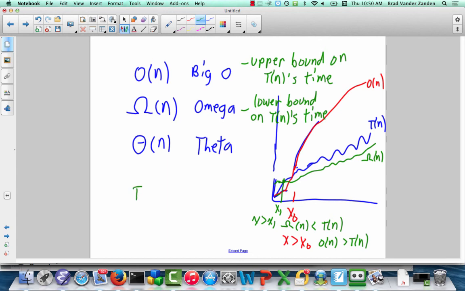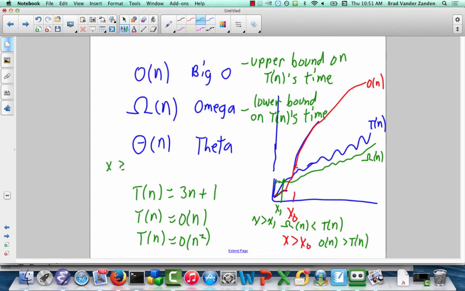If I have T of n equals 3n plus 1, T of n is order n, but by my definition, it's also order n squared, because for x greater than or equal to 4, n squared is greater than 3n plus 1. So order n can be a loose upper bound.